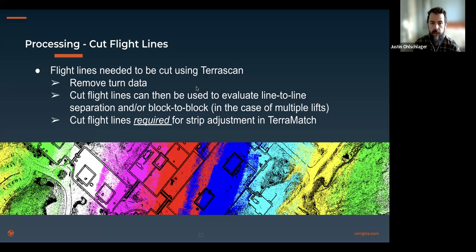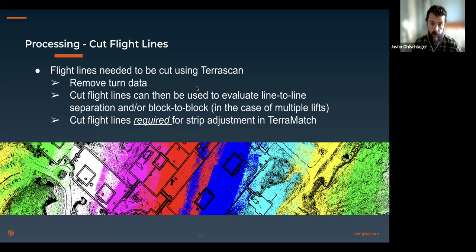One of the first things that we do at McKinnon Creed in order to look at a LiDAR data set is looking at the line-to-line separation, seeing how well the flight lines are sitting with each other. In order to do that, we cut the flight lines, and this gives us the ability to run any type of strip adjustment within TerraMatch.